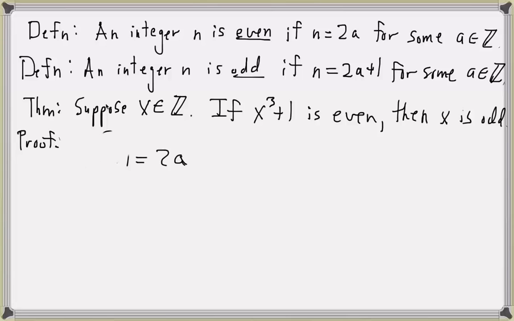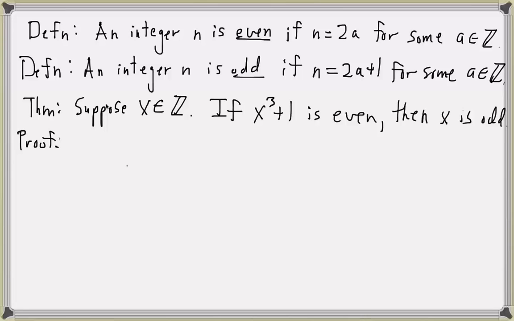What I would recommend is using the proof technique called the contrapositive. So we're going to try to prove the contrapositive statement. The contrapositive of if x cubed plus 1 is even, then x is odd, would be the statement if x is not odd, then x cubed plus 1 is not even.